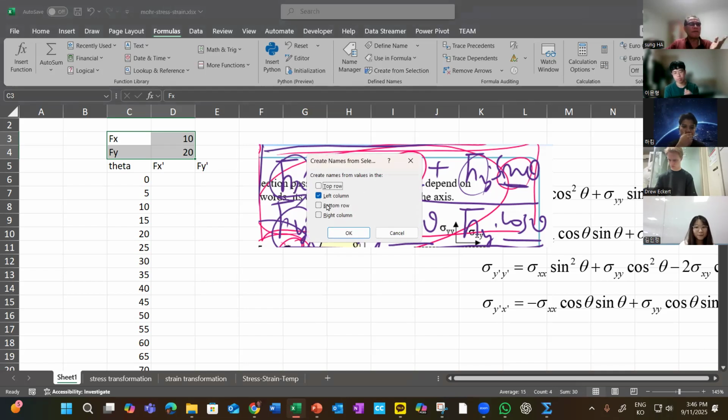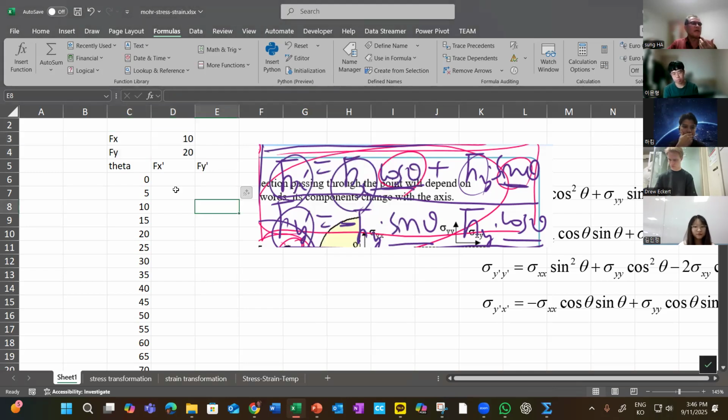So automatically the left column will give us the name.